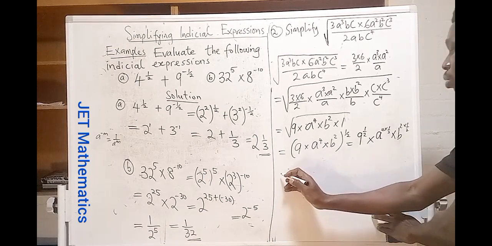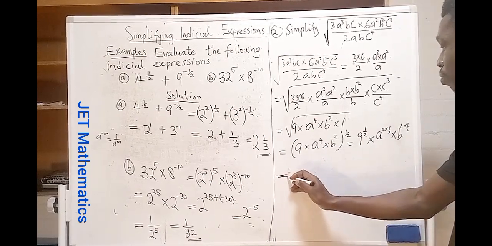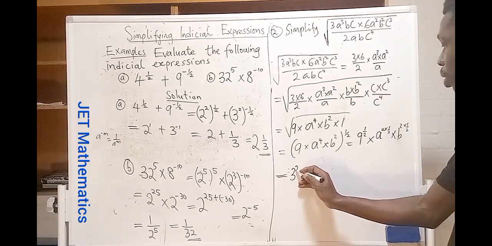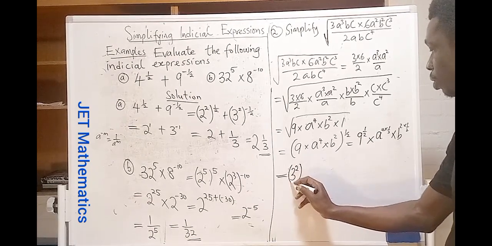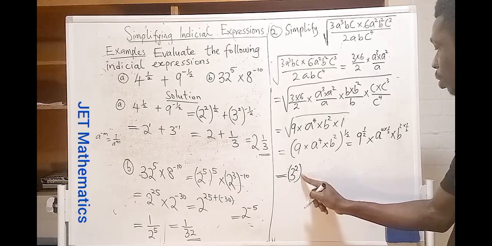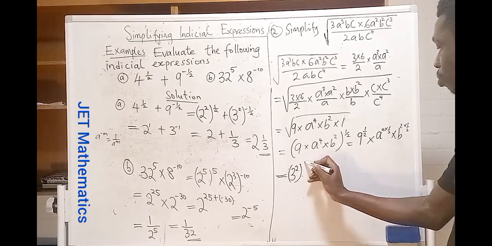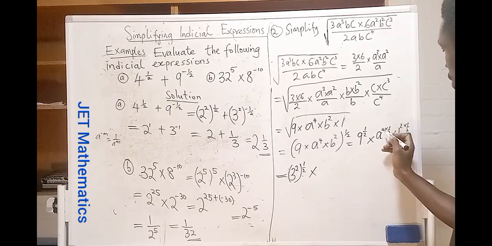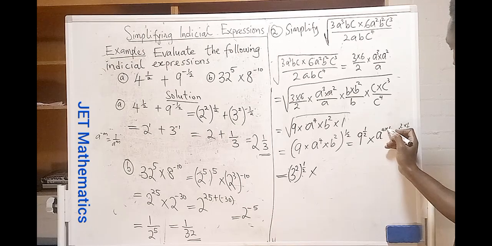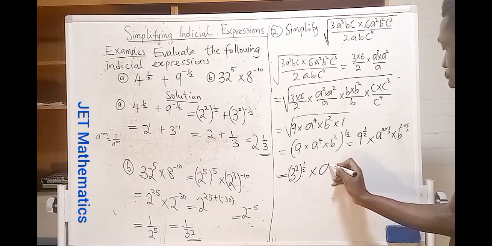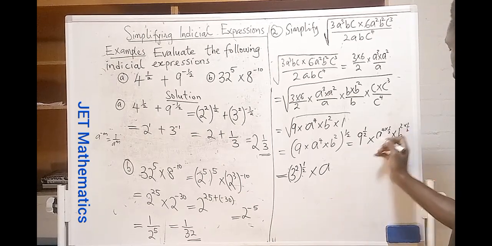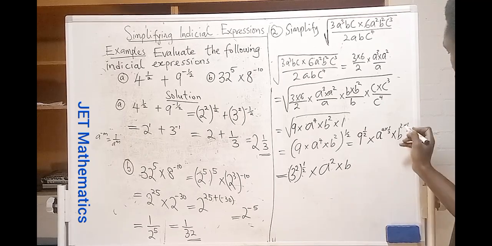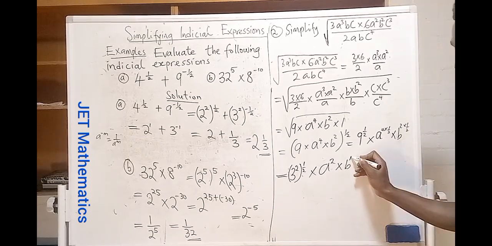Alright, so here we have 9 can be written as 3 raised to the power 2 times 1 over 2, times a raised to 4 times 1 over 2, which is 2, times b raised to 2 times 1 over 2, which is 1.